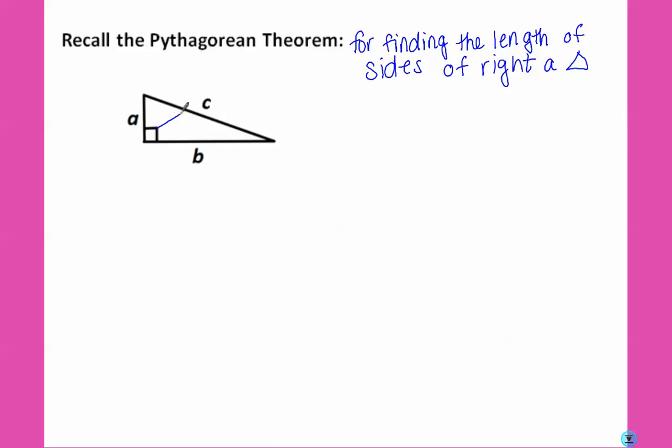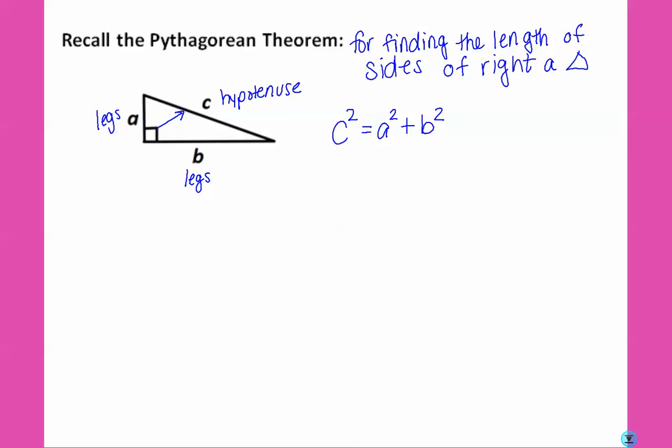Remember that C is the hypotenuse because it is across from the right angle, and A and B are our legs. The Pythagorean theorem says that C squared will equal A squared plus B squared. And we can use that to help us out when finding distance.